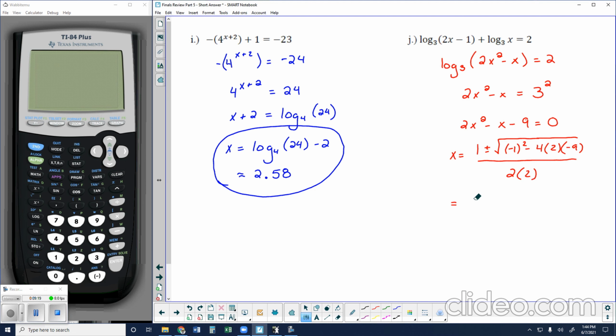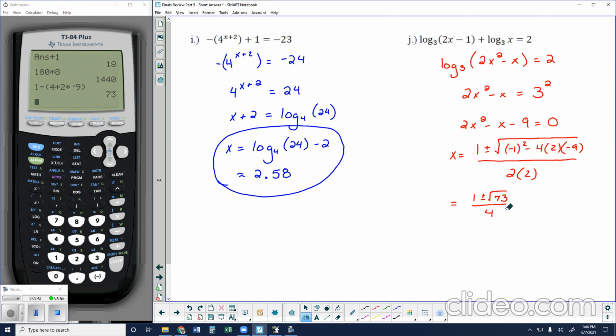We can simplify this to get 1 plus or minus the square root of, inside the root, 1 minus 4 times 2 times -9, which would end up being root 73, all over 4. So this is not a nice solution, but it's going to give us a solution.